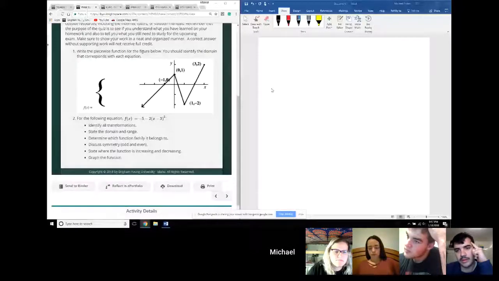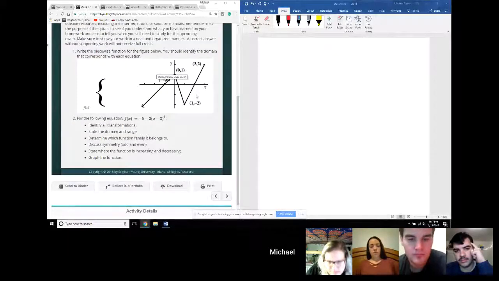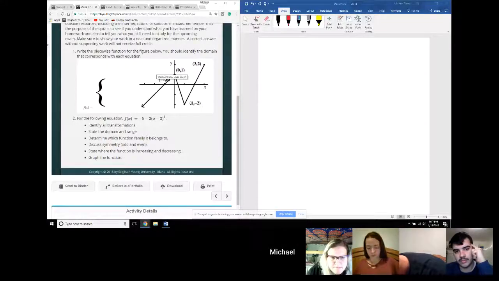Increasing and decreasing. Isn't it always decreasing? Well, it's overall. It starts from this area and goes down into this area, which has a negative slope.